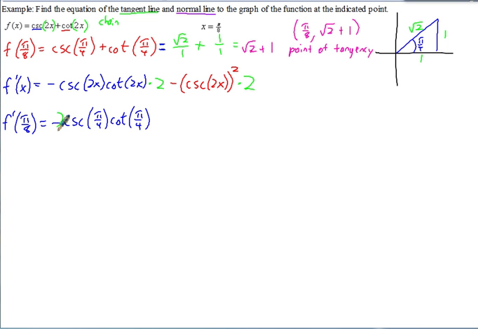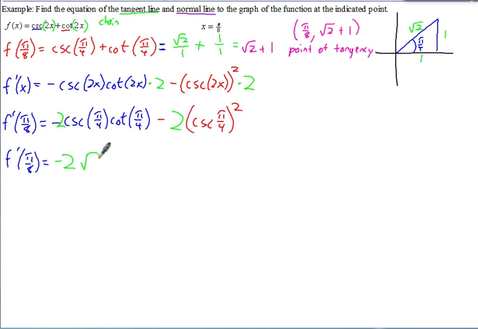I'll bring the 2 out in front there. And then minus 2 times cosecant squared, again, 2 times pi over 8 is pi over 4. So we already evaluated these over there, so we've got negative 2 times cosecant of pi over 4, which, remember, was root 2 over 1.